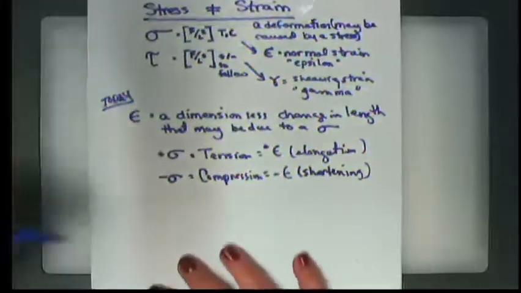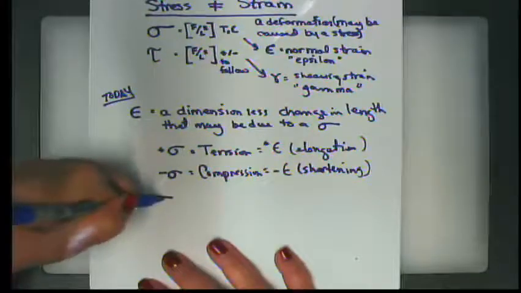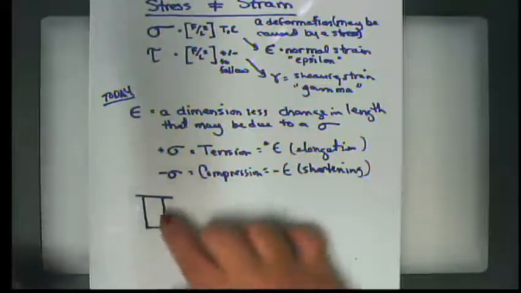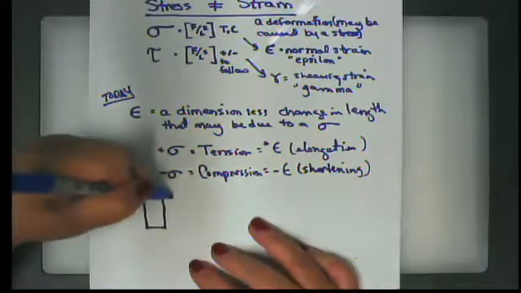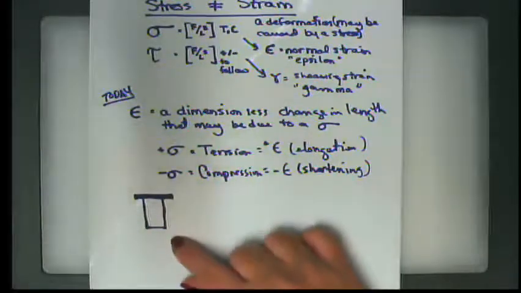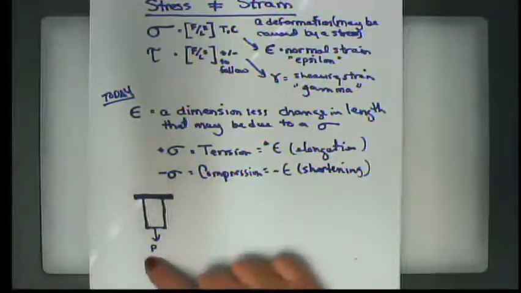Now, if we have a structural element, I've drawn my ceiling crooked here, hope you'll forgive me. We have a structural member that is welded to the ceiling, and we pull on that structural member.